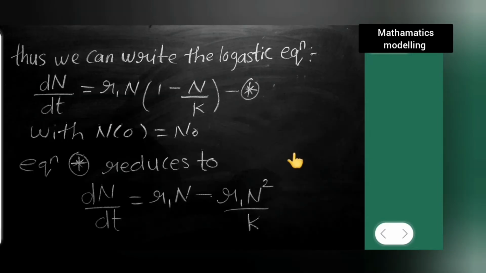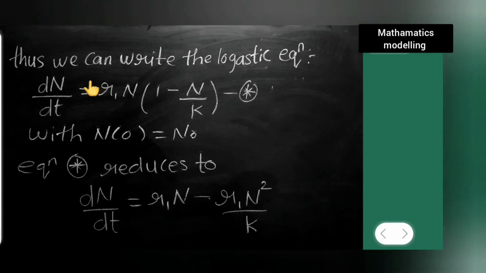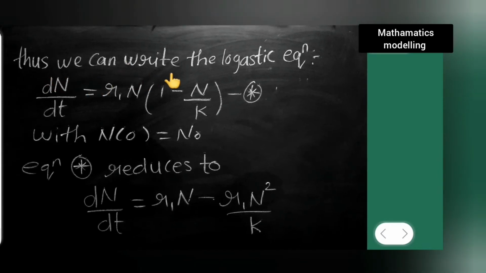Thus we can write the logistic equation like this: dn upon dt is equal to R1 into n, in the bracket 1 minus n upon k, and call it equation star, with n of 0 equal to n naught.